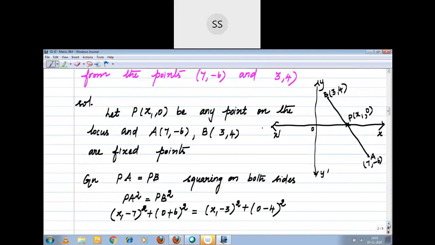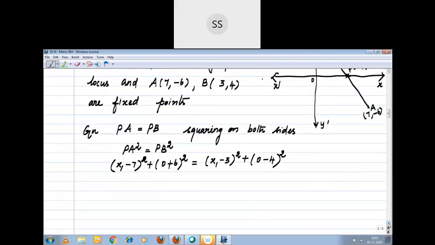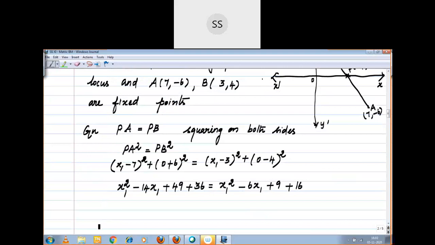Then x1 minus 7 the whole square plus 0 plus 6 the whole square equal to x1 minus 3 the whole square plus 0 minus 4 the whole square. Got it, children? Here y1 is 0, because the point on x-axis means y becomes 0.